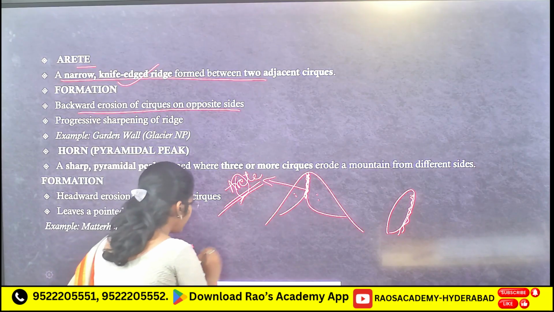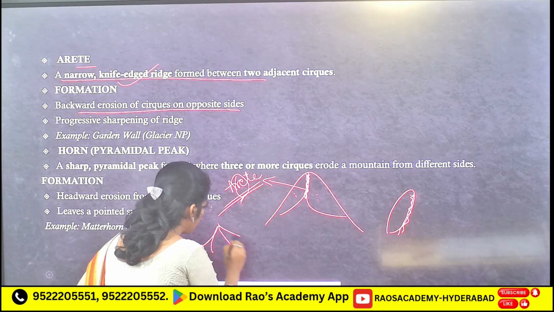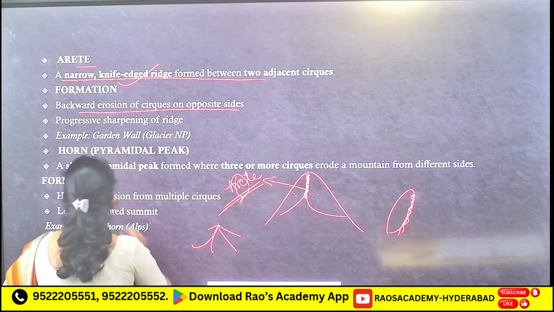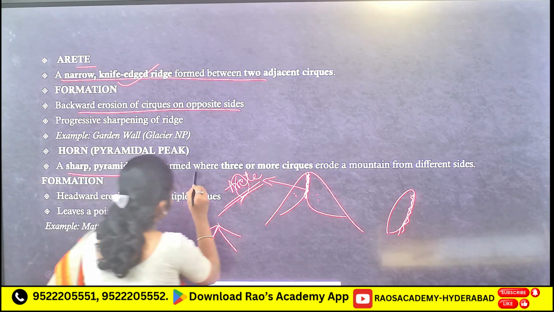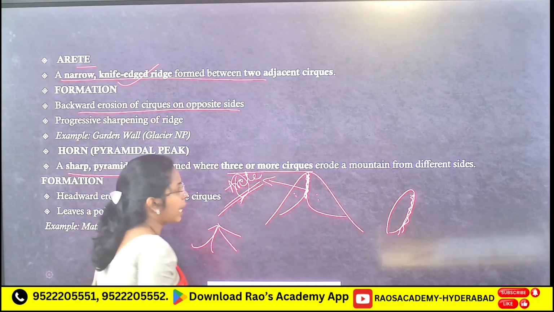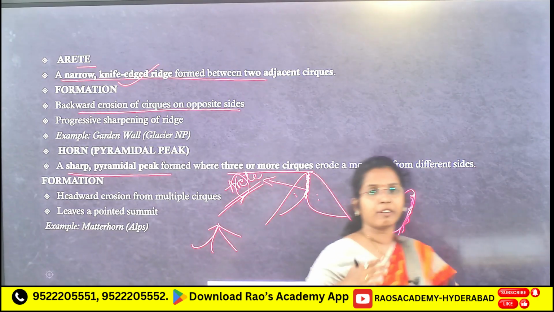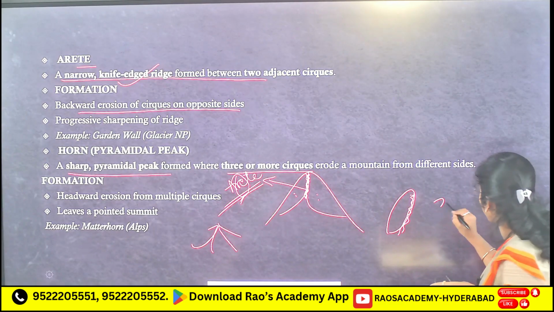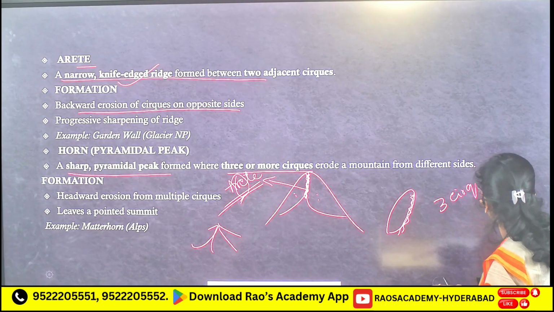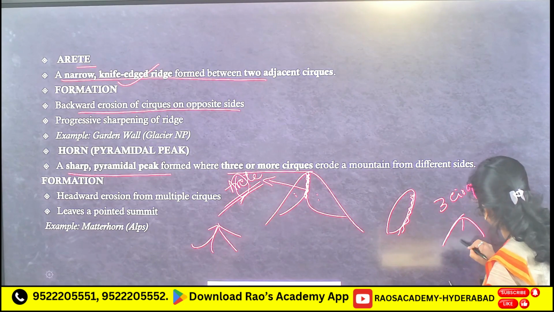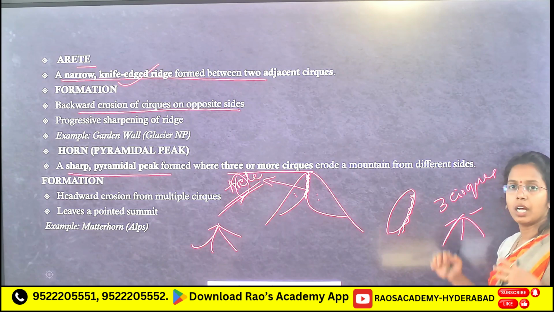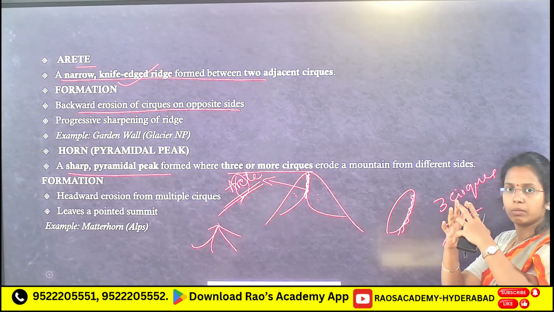Now, a sharp pyramidal peak is formed when three or more cirques erode a mountain from different sides. For example, three cirque formations from here, from here, from here. They are eroding backward.